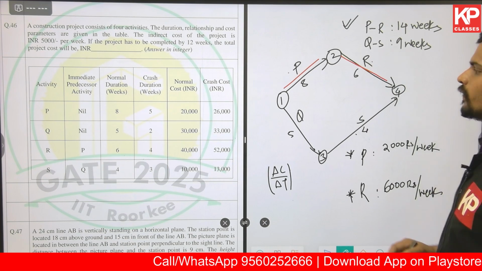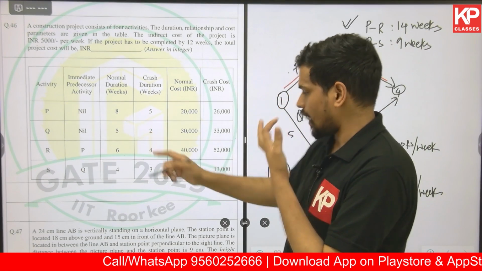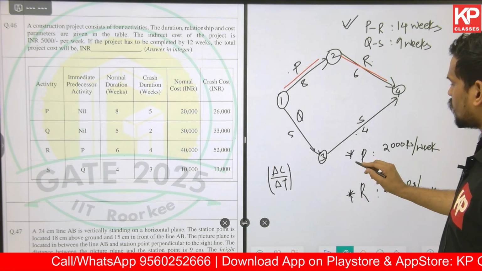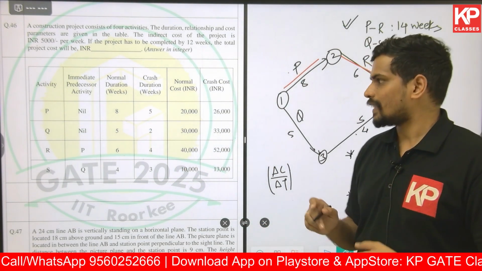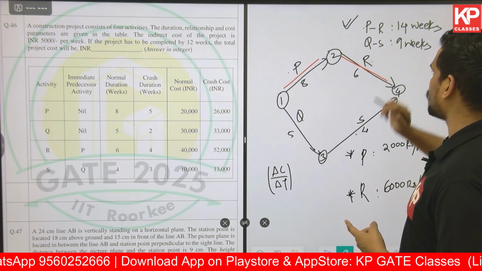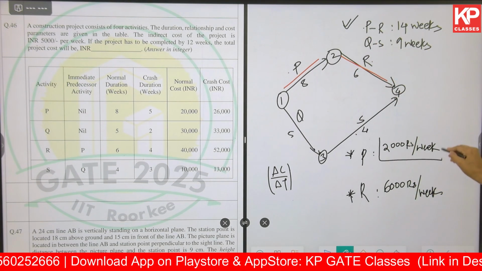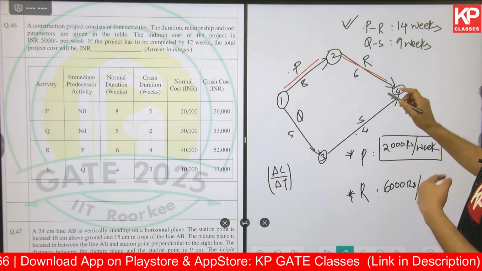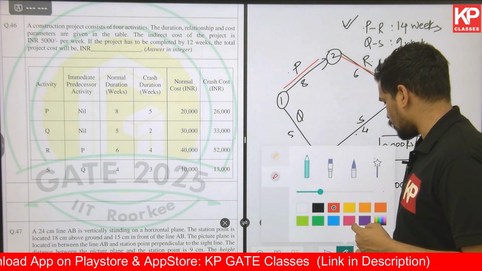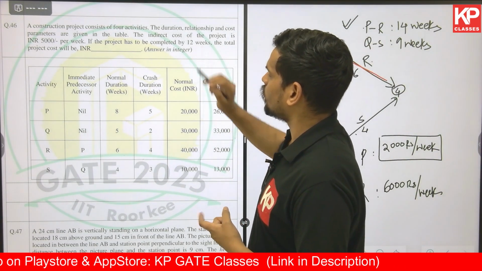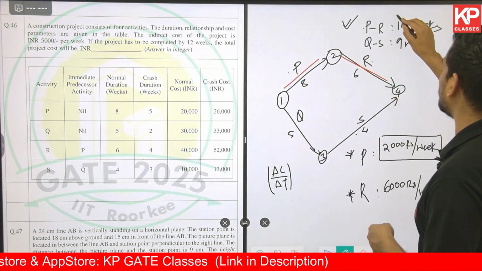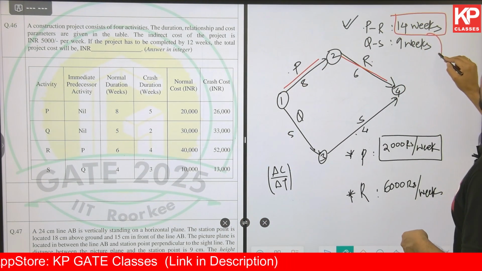And what is the scope of crashing you have? You have scope of 3 weeks of crashing here, scope of 2 weeks of crashing here. We need only 2 weeks of crashing, so you can do that 2 weeks of crashing for P itself, at 2,000 rupees per week. Why do I need 2 weeks of crashing? Because they said in the question we want the project to be completed in 12 weeks. The actual duration is 14.